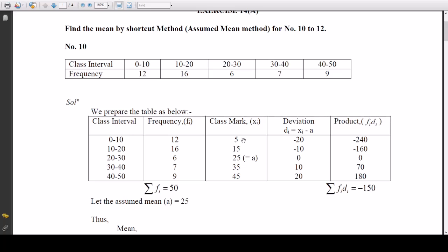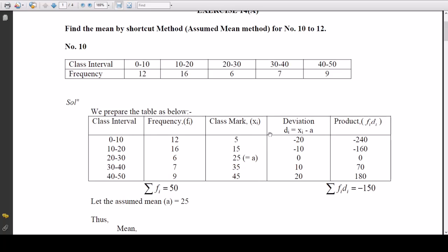Here, of 5, 15, 25, 35 and 45, you assume a to be 25. Now what will be the deviation? Deviation is xi minus a.